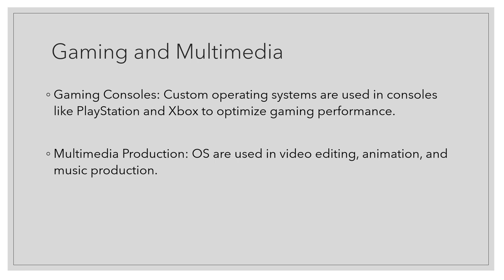Custom operating systems are used in consoles like PlayStation and Xbox to optimize gaming performance. Your systems have Xbox operating systems for gaming performance, and graphic cards also have a separate OS.